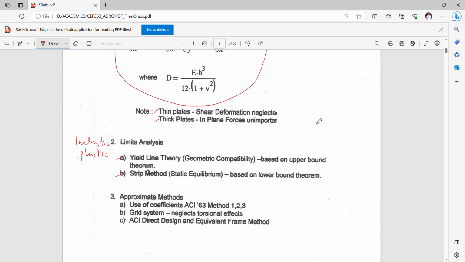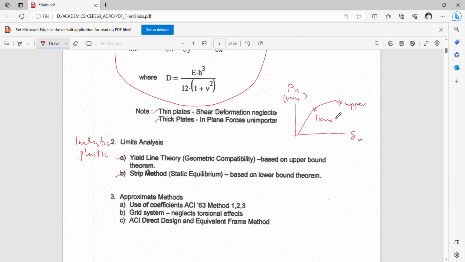Okay, so for the upper and lower bound, we simply state that if this is the curve upon which the capacity, let's say this is the capacity WU versus, should I say, the load versus the deformation delta. Okay, we can just say this is PU versus delta. Okay, so we have here now the lower bound and the upper bound.